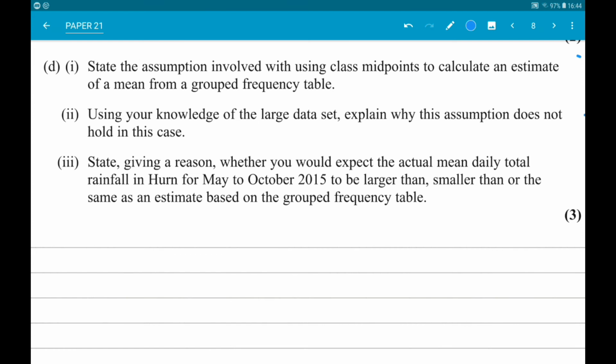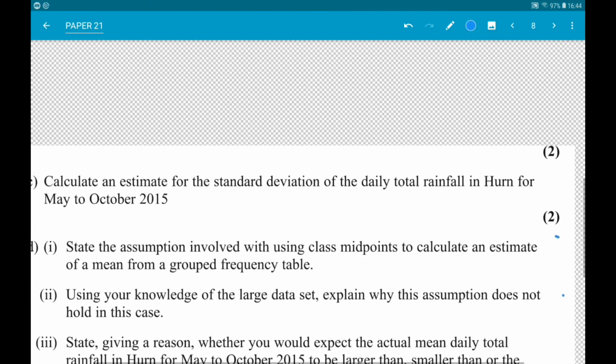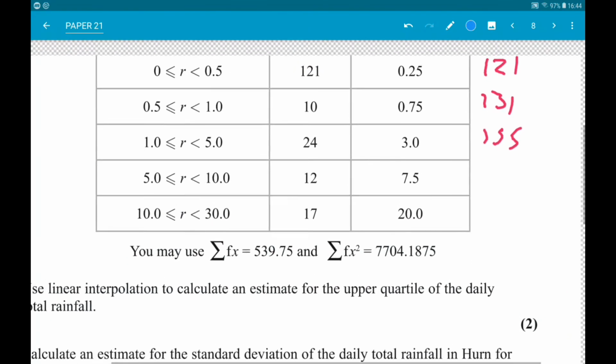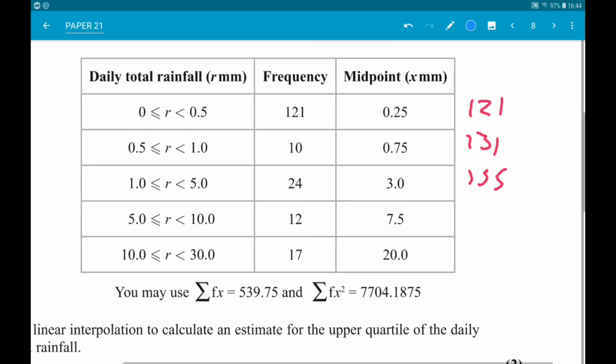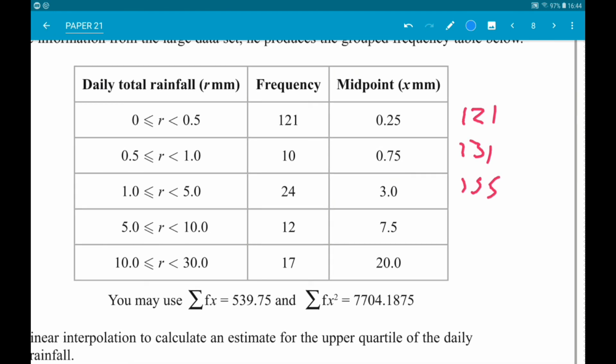Part 3. State, giving a reason, whether you would expect the actual mean to be larger than, smaller than, or the same as the one we calculated from the table. So, as I said in part 2, a lot of the values in the first interval were actually 0.